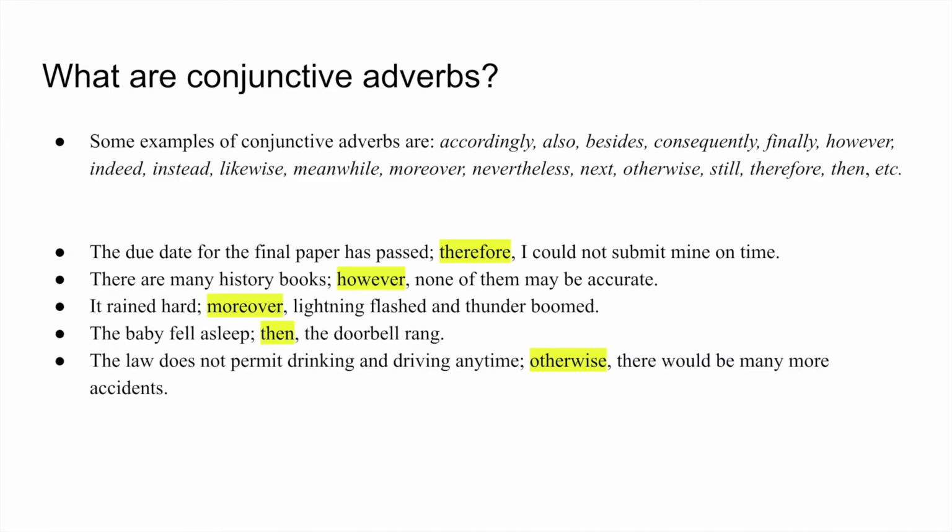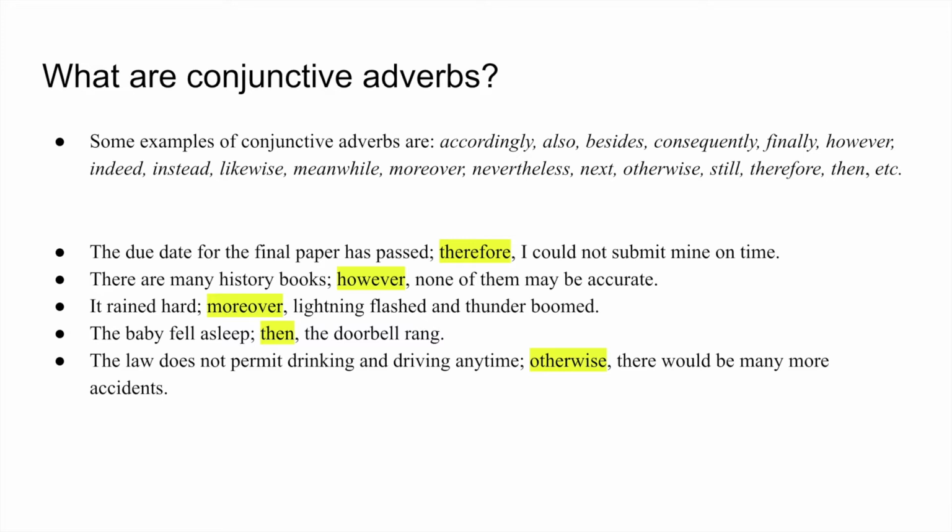So, some other examples of conjunctive adverbs are accordingly, also, besides, consequently, finally, however, indeed, instead, likewise, meanwhile, moreover, nevertheless or nonetheless, next, otherwise, still, therefore, then, and so on.